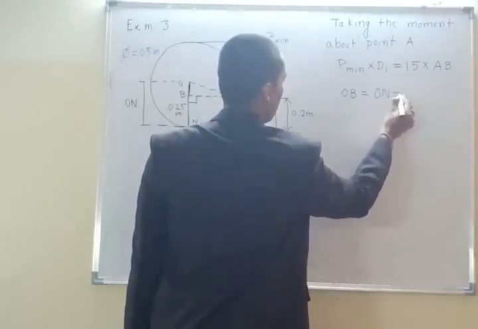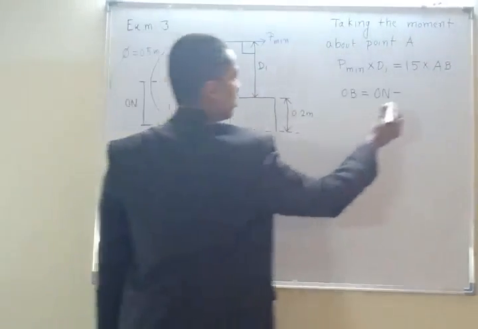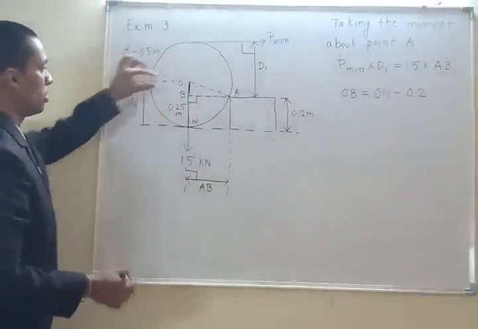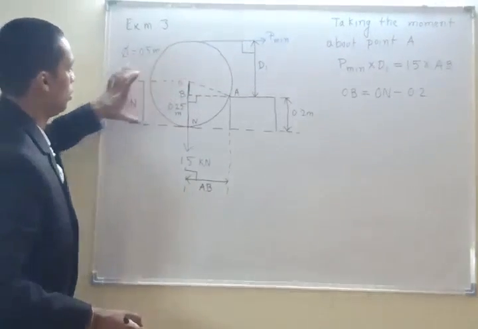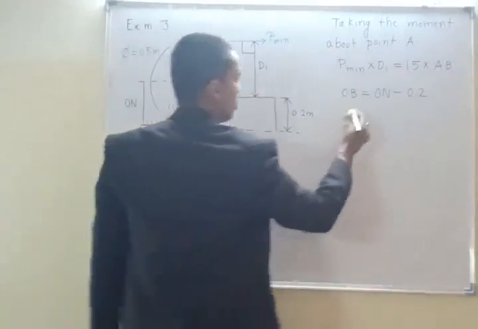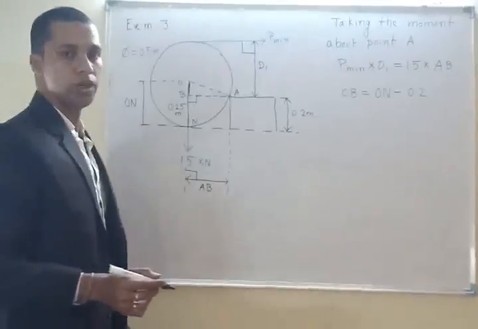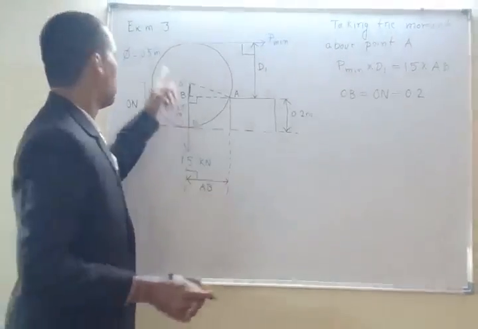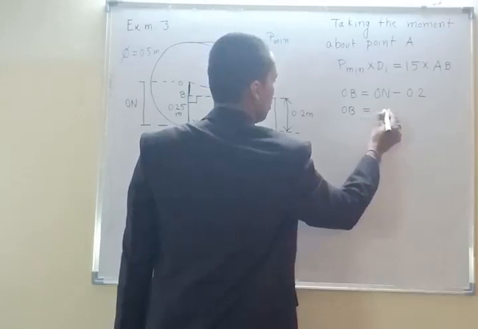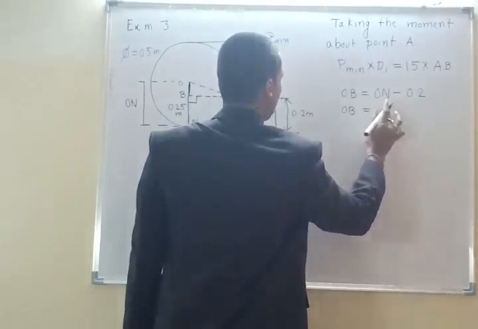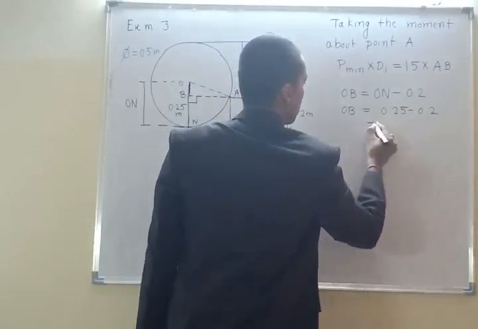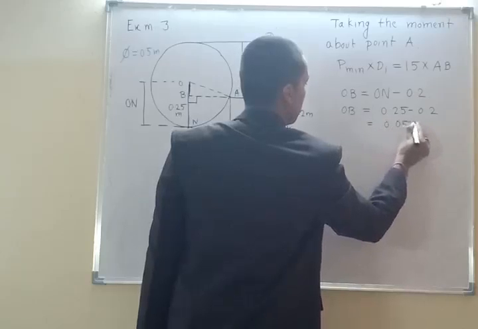ON minus the height of the block, 0.2. See from the figure, OB, this much, is equal to ON minus this part. This one is the block. So what is ON? ON is the radius of the wheel. Diameter is given. ON is 0.25 minus 0.2, which is equal to 0.05 meter.